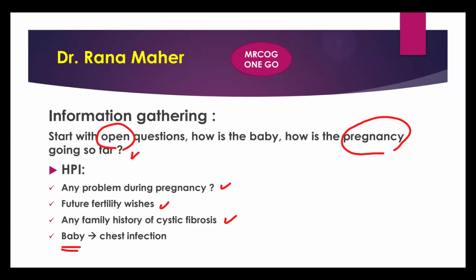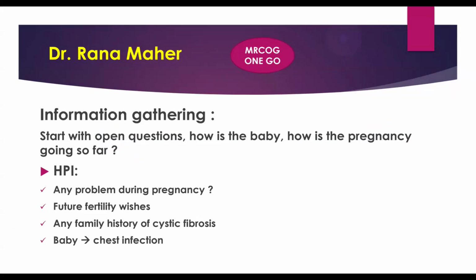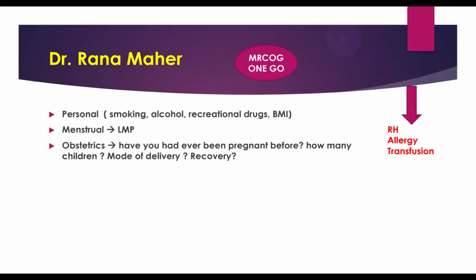Usually the babies with cystic fibrosis or any patient with cystic fibrosis, the most common problem will be the chest infection. Even this is the cause of death in most of the cases. So we need to ask about coping, and also how is the baby, ask about the name of the baby as well.